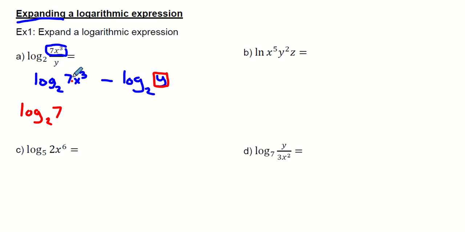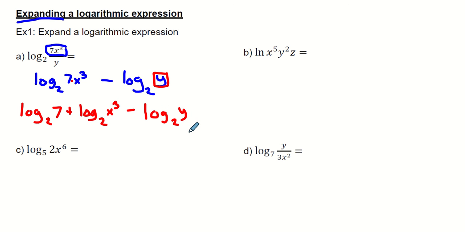So we're multiplying 7 and x to the third. So those are going to be the two different arguments for our new ones. So log base 2 of 7 plus log base 2 of x to the third. And then we're just going to bring this one down. So minus log base 2 of y.